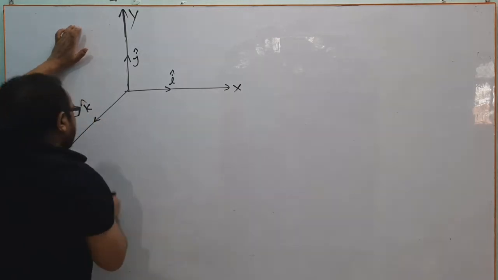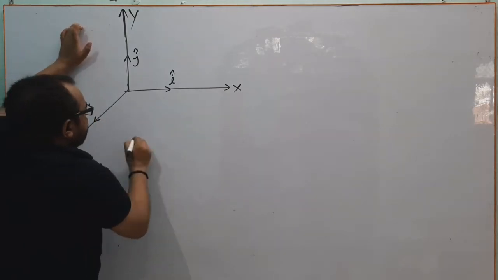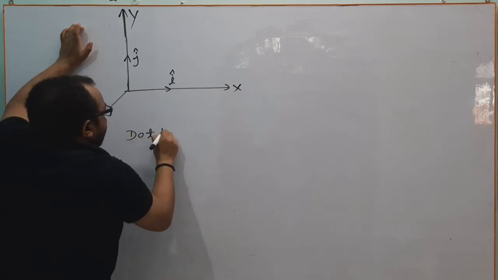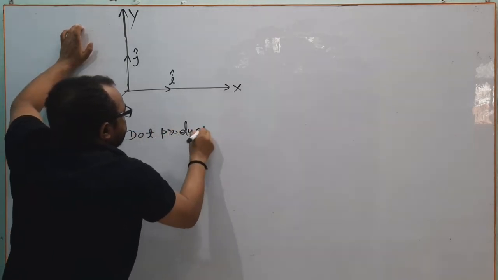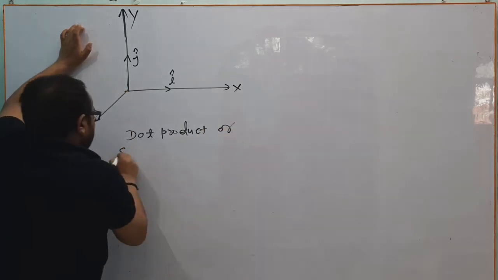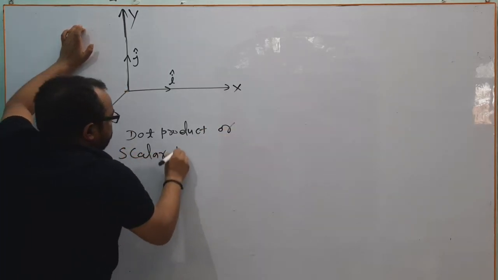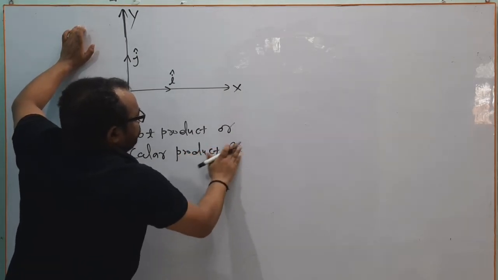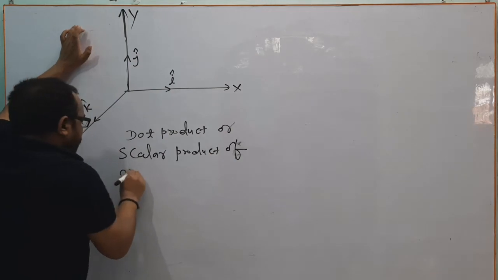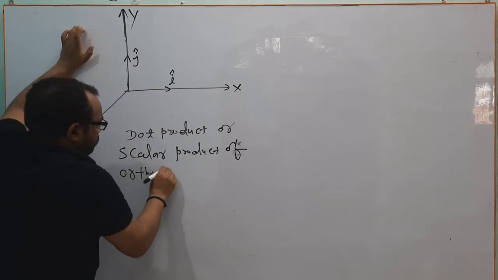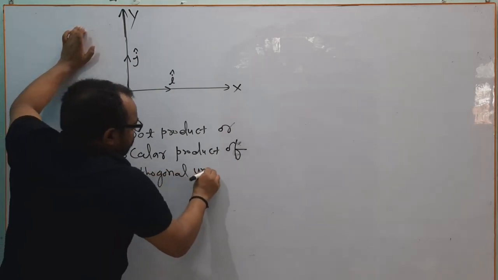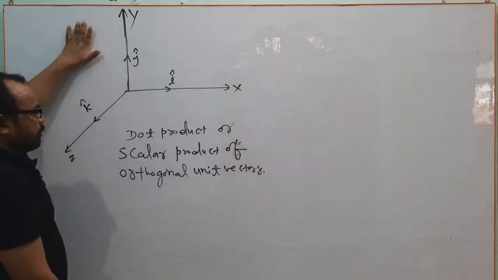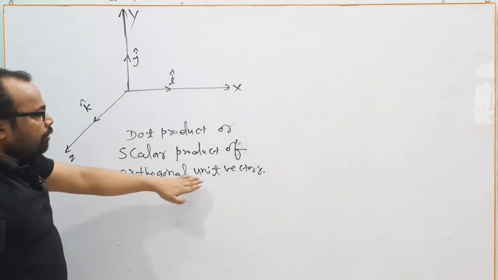I am writing here the heading: dot product or scalar product of orthogonal unit vectors.